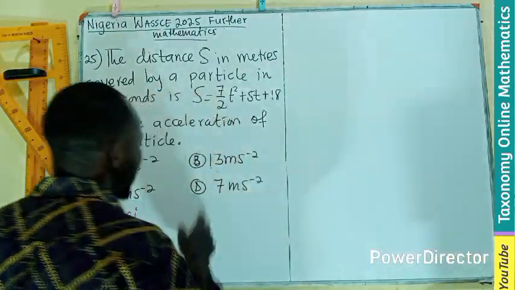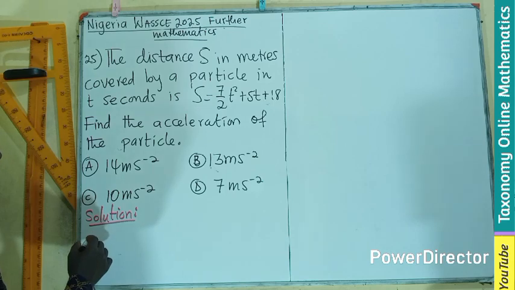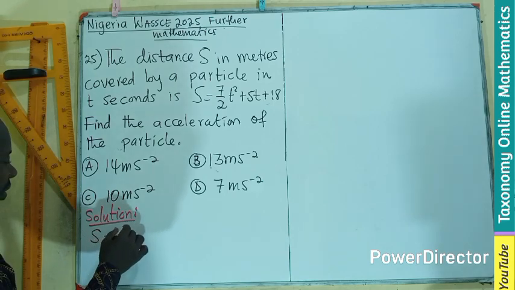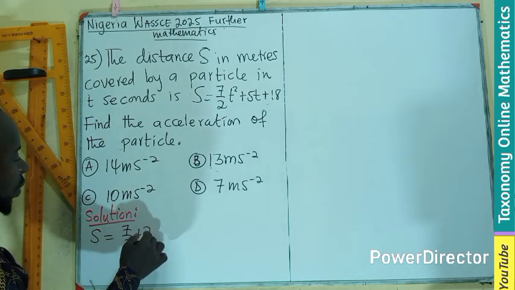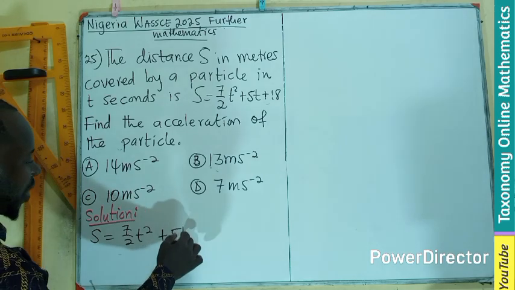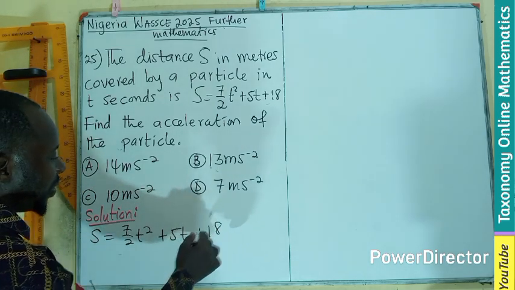So let's see, this is your distance, which is 7/2 t squared plus 5t plus 18.